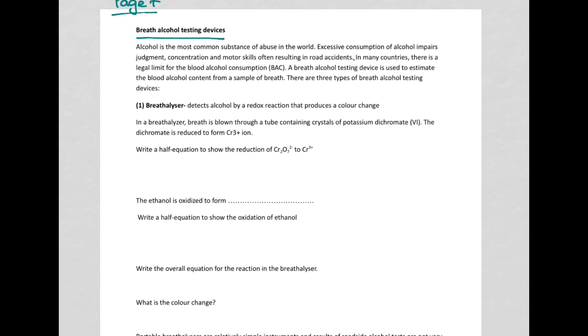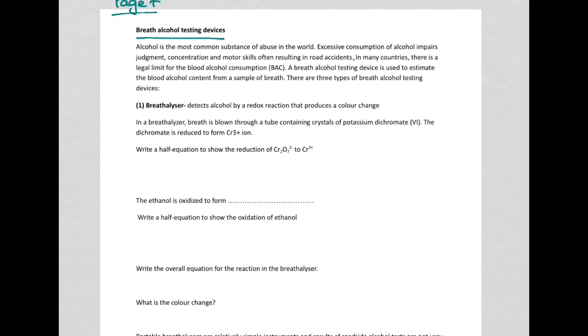Long ago, in order to detect alcohol in the blood, a blood test was required. However, by the time you take the person to get a blood test done, the amount of alcohol has already decreased. So now we have techniques that allow the amount of alcohol in the blood to be determined very quickly.